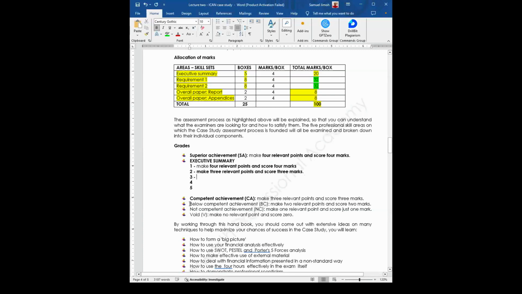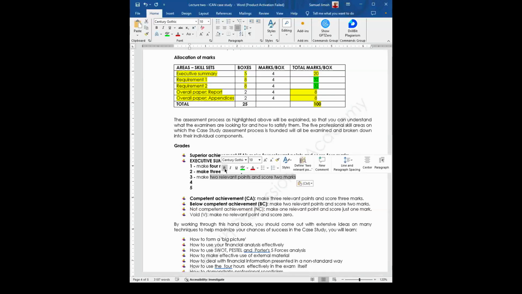Below competent achievement, under skill 3 of our executive summary, the candidate, though he made so many points, only 2 of those points are relevant, and as such, this candidate will only score 2 marks under skill 3.